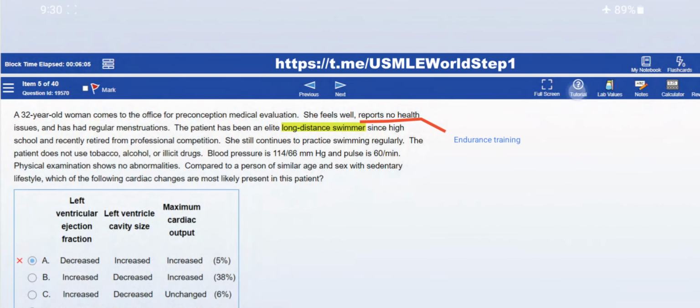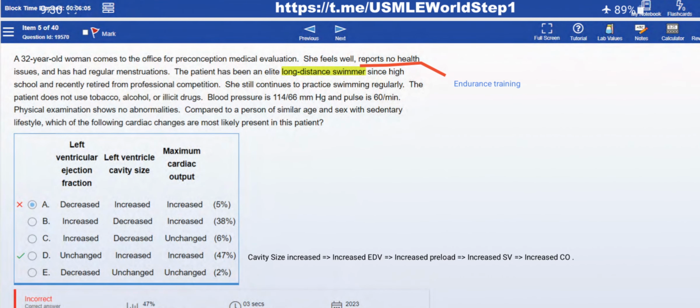So let us move to the correct answer. The correct answer is option D. Why? Let us see the explanation. Since they have given the case of a long distance swimmer, these guys have endurance training, right?